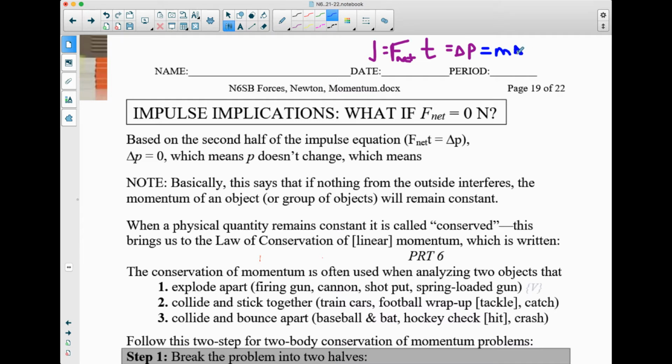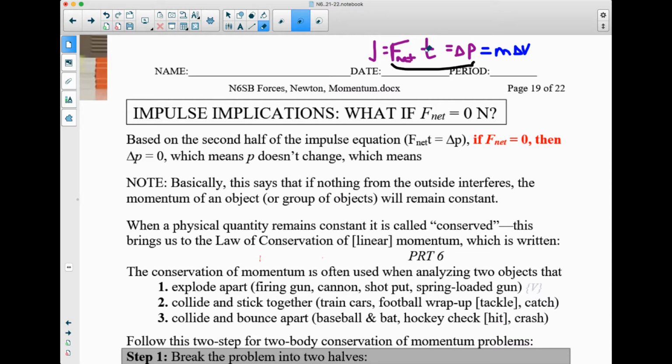Okay, so if we look at this equation and we ask the simple question, look at just this piece. F net t equals delta P. If F net equals 0, so if there is no net force, then of course, look at the equation.